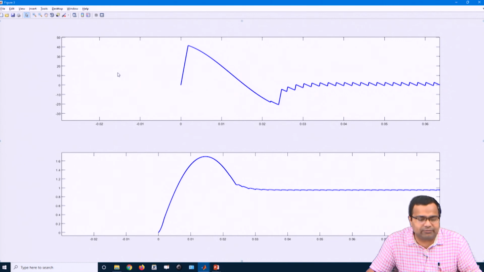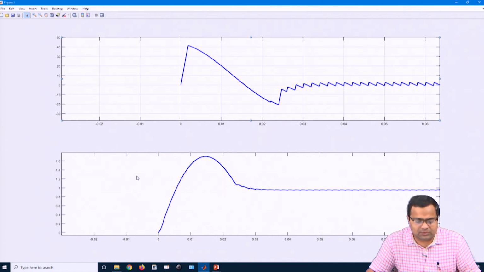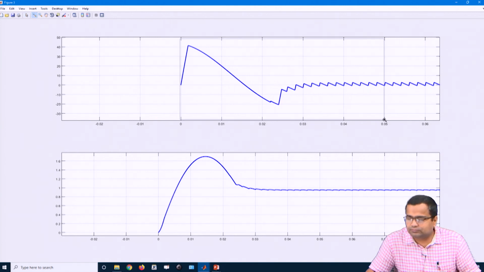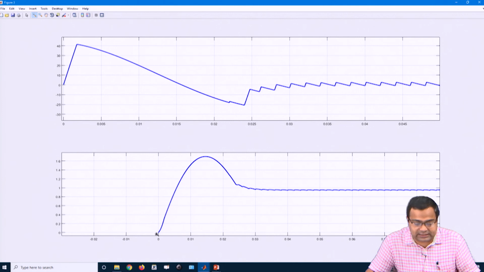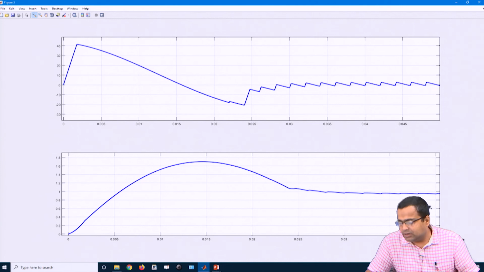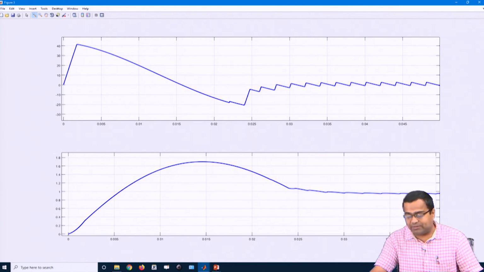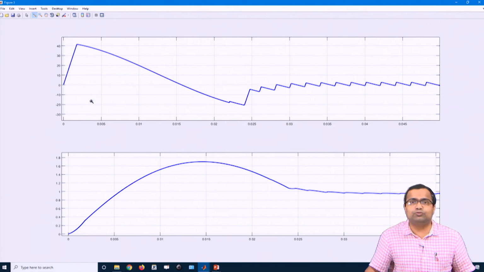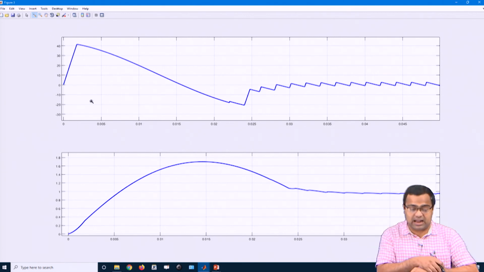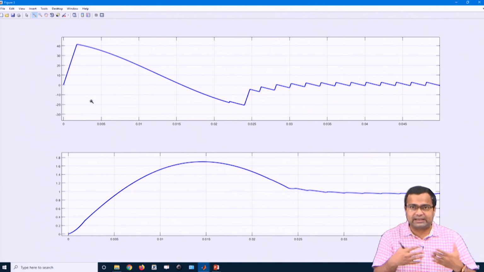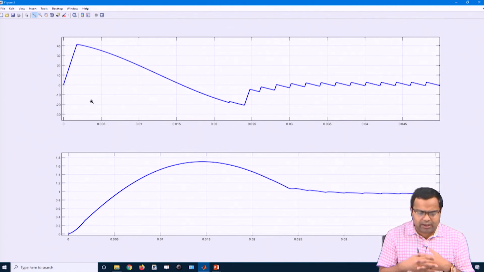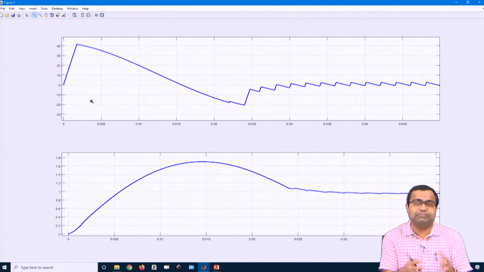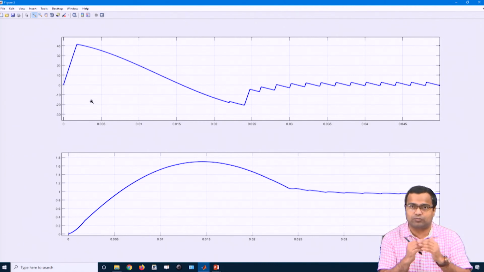You will find the output voltage reaches 1 volt much faster, within about 0.025 millisecond, that means 25 microseconds. But there is also a huge peak current, and that may not be acceptable, it may exceed the rating of the device. But it is much better than voltage mode control, because we have direct control over the current.